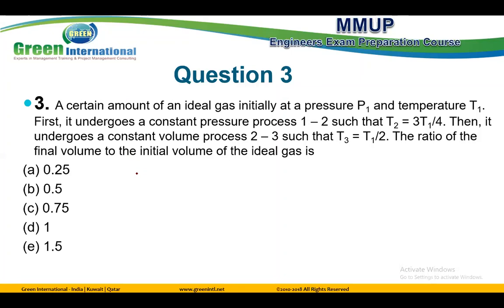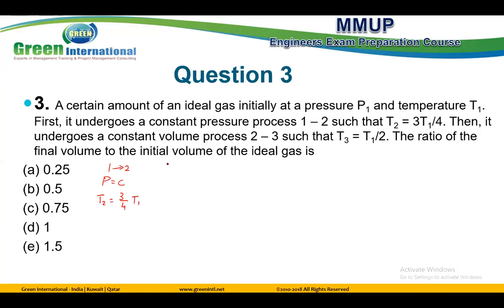We have an ideal gas, starting at initial P1, T1. Going from state 1 to 2 during constant pressure, the relation is T2 equals 3/4 T1.